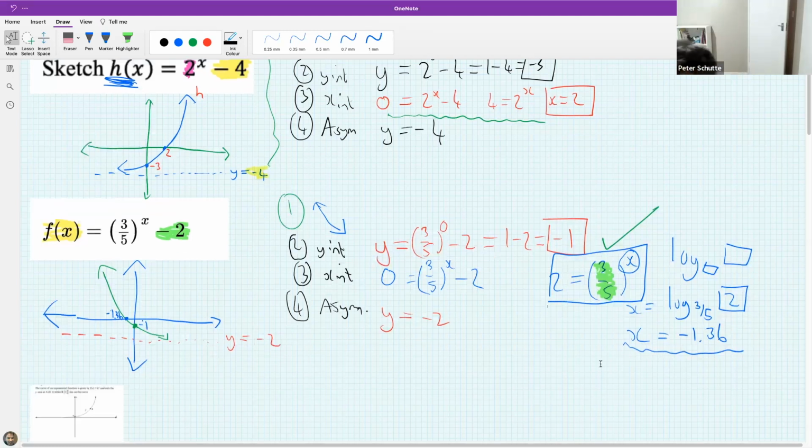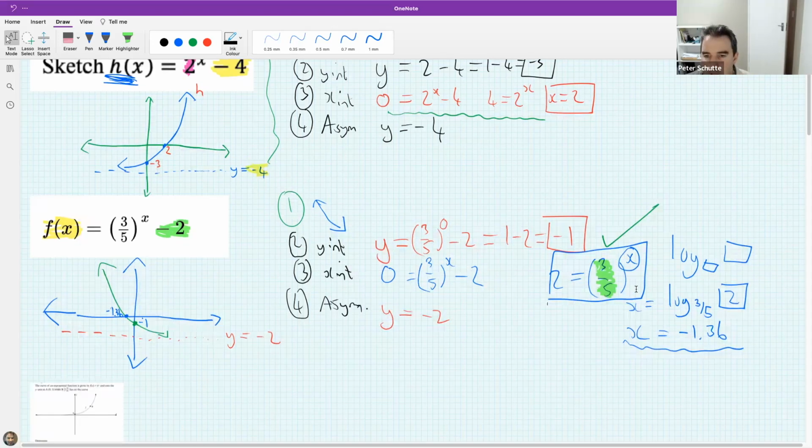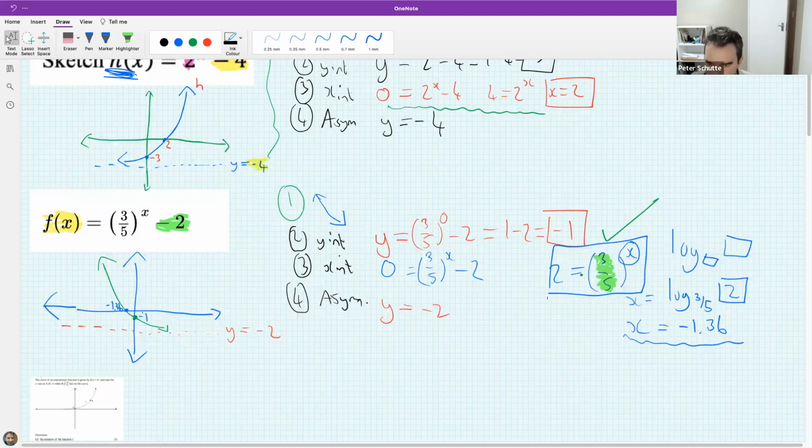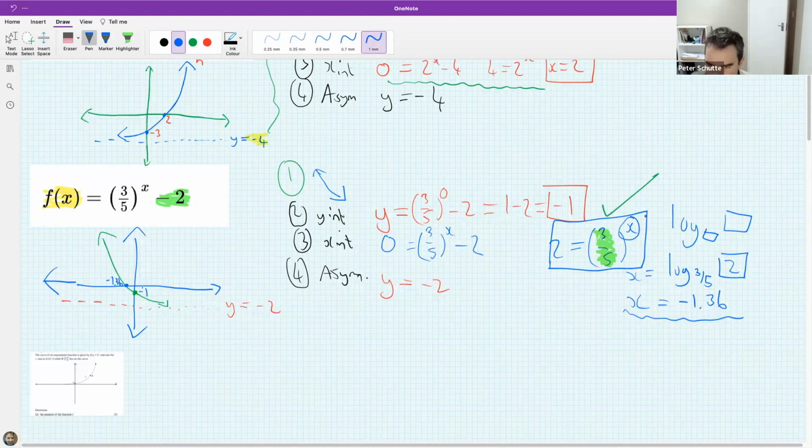If you don't get minus 1.36, it's just because your calculator is in radians and not in degrees. So again, this extra bit, I'm not going to go over because it's not necessary for grade 11. All I was saying is that in the blue block, you couldn't solve this equation given grade 11 methods, but you know that a solution exists. And so you just draw the graph with it there, but not labeled.